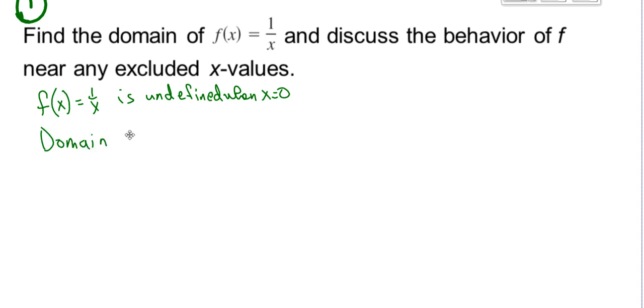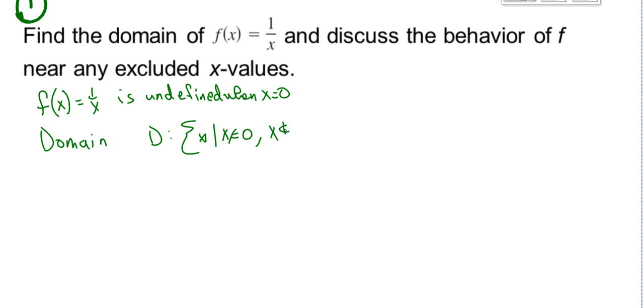can be written one of these two ways. In set builder notation, the domain is the set of all x such that x does not equal 0, comma, and x is an element of the real numbers.